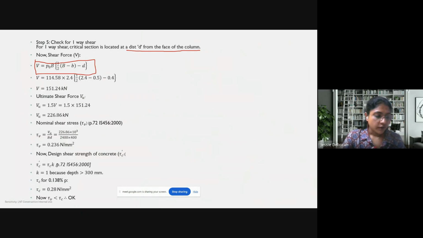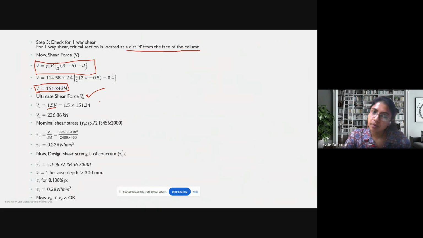This is the formula: V is equal to p naught into B into 1 by 2 into (B minus b) minus d. We substitute all the values, and the value of V we get is 151.24. Now again, ultimate shear is 1.5 times your V.